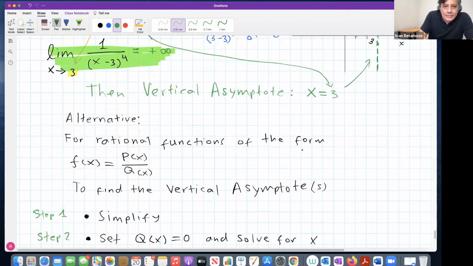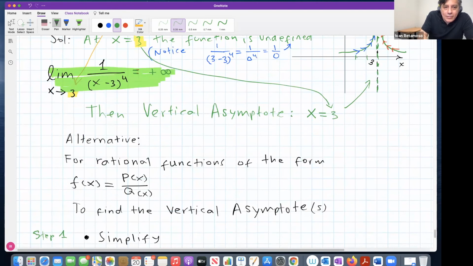Remember here, isn't it true that if I take this denominator, x minus 3 raised to the 4, and make it equal to 0, isn't it true that when I solve it, I will get x equal 3? But turns out that x equal 3 is precisely the equation of the vertical line associated to the vertical asymptote, right?